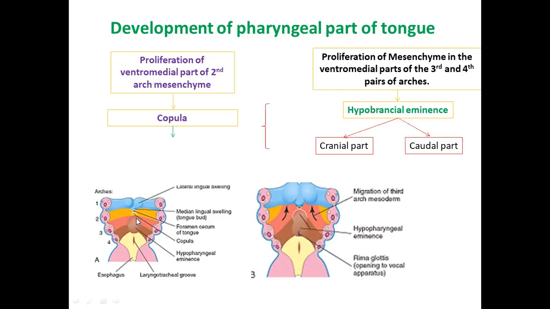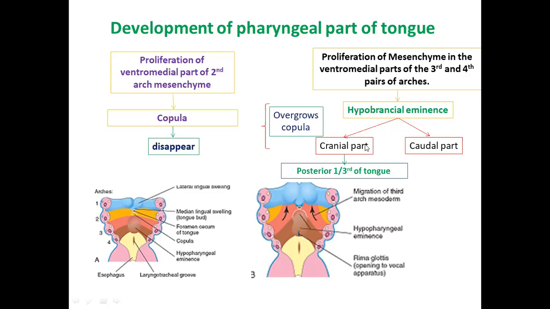With due course of time, the hypobranchial eminence will overgrow the copula, and so the copula will disappear. In the second figure you can see the copula has disappeared, and so the posterior one-third of the tongue is mainly made up of the cranial part of the hypobranchial eminence.